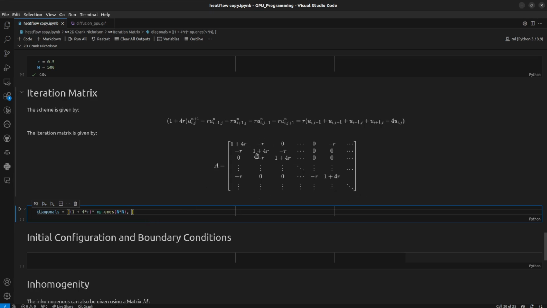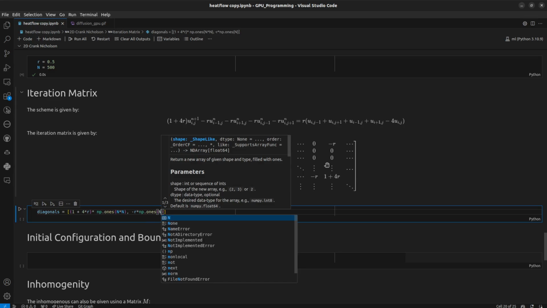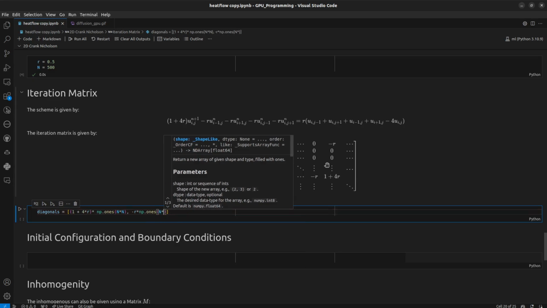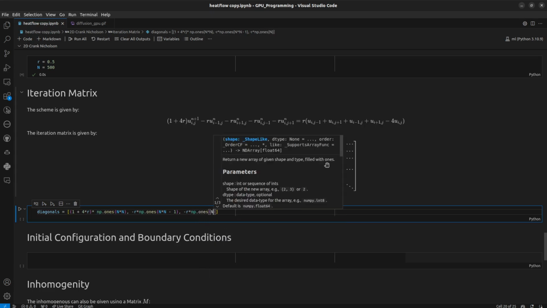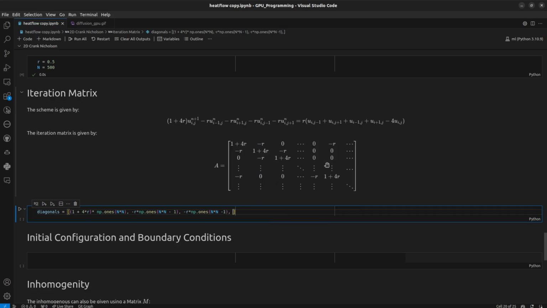Now for these first two off diagonals, we have to again use ones, but since they are off diagonals, it's one value less. So we're going to use n squared minus 1, and again the same for the other.